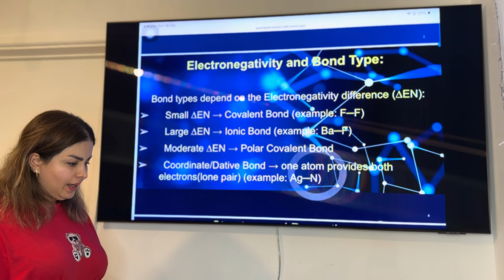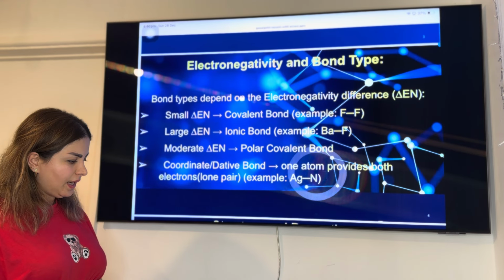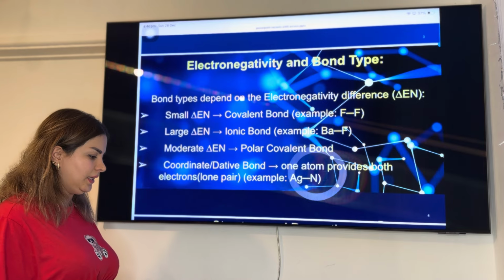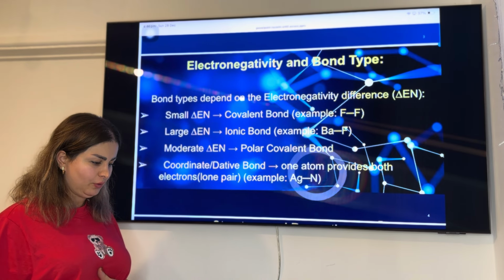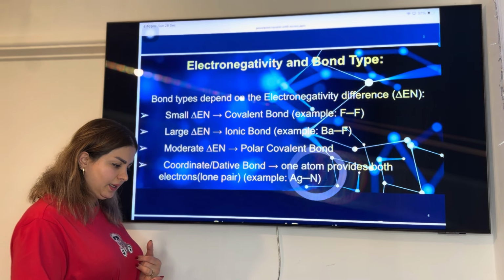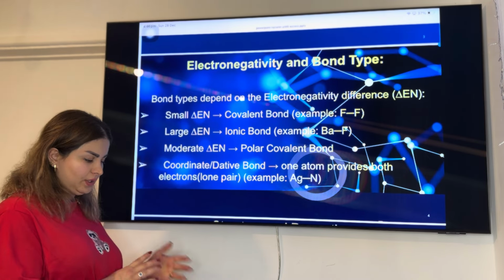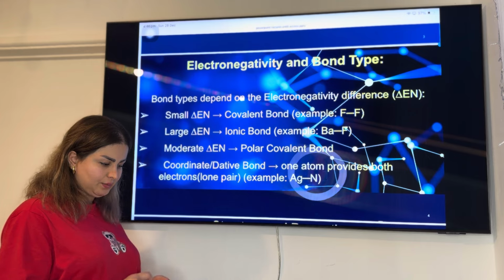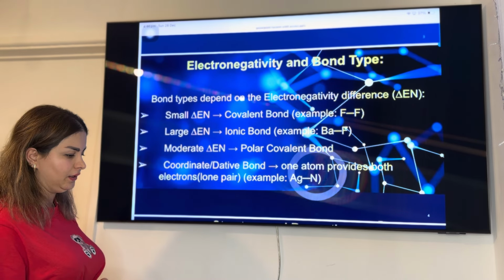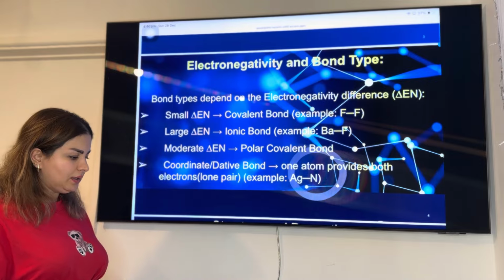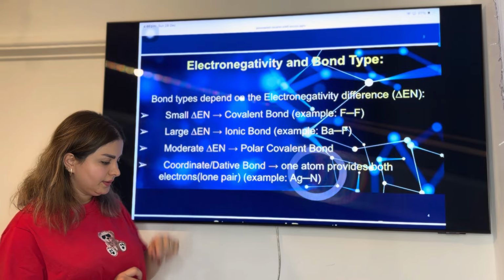Here, electronegativity helps us to predict the type of bond that will form. When the difference in electronegativity is very small, such as the bond between two F atoms, the bond is purely covalent.